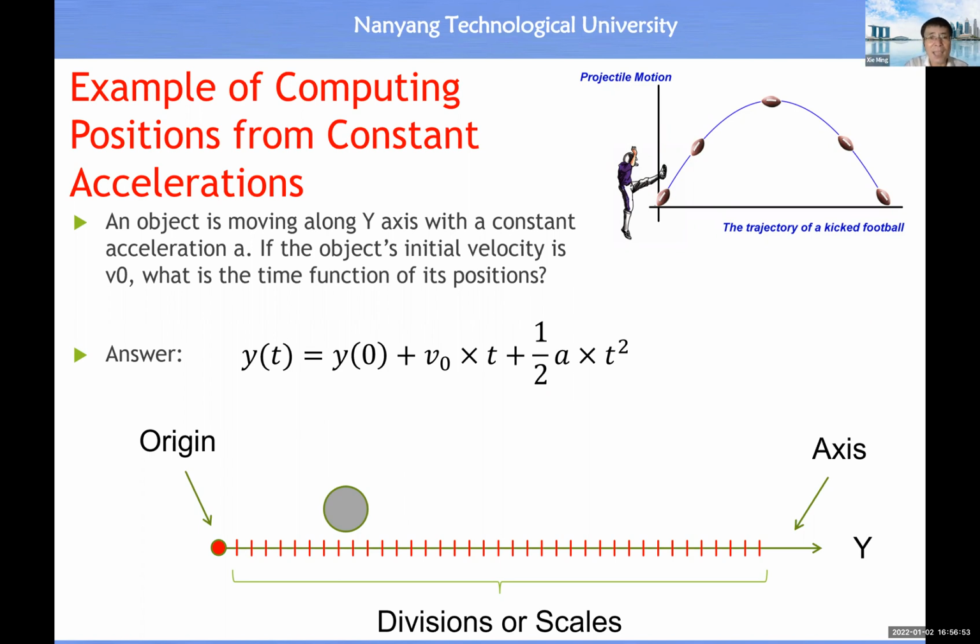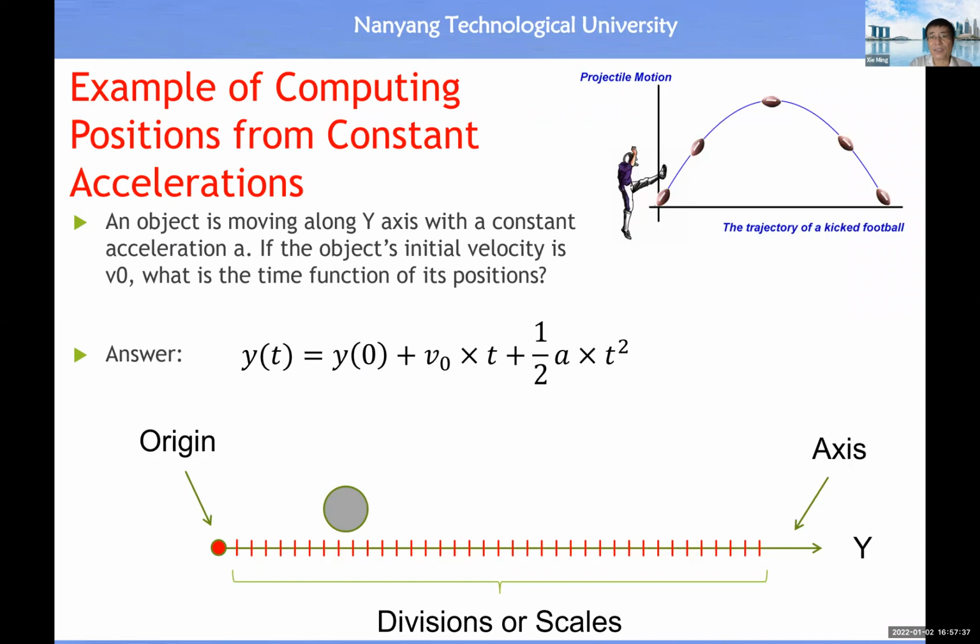From the study of physics, we know that the y coordinate as a function of time t is equal to the initial y coordinate, plus the increment of y due to initial velocity v0, plus the increment of y due to constant acceleration, 1/2 a t squared. So it's quite straightforward. Immediately we have an equation for us to calculate the position along the y-axis.